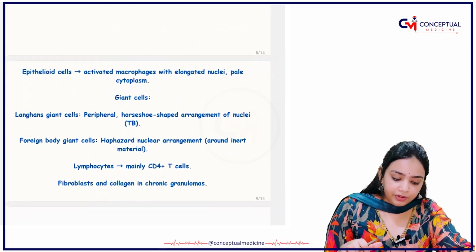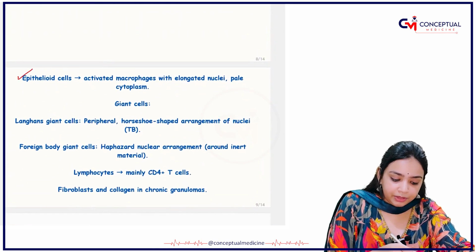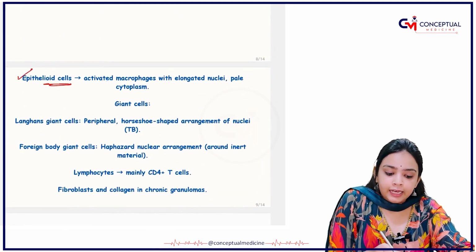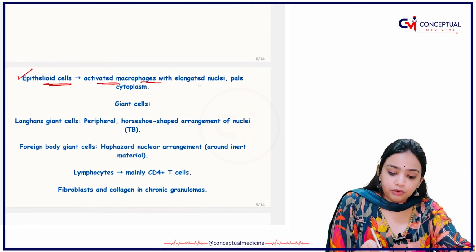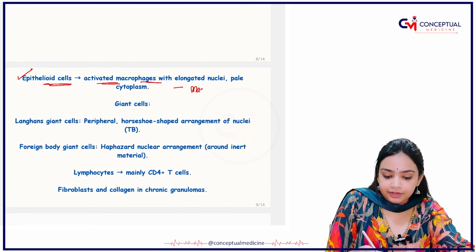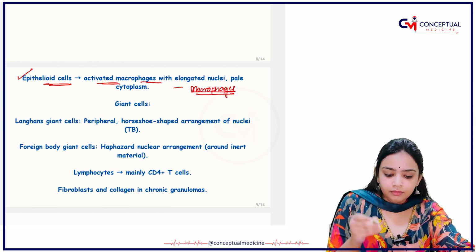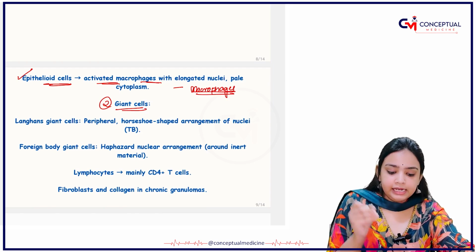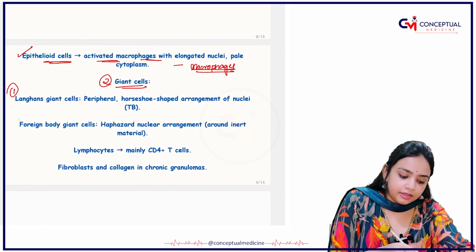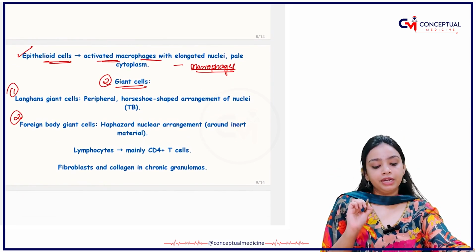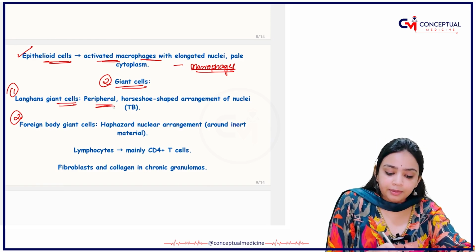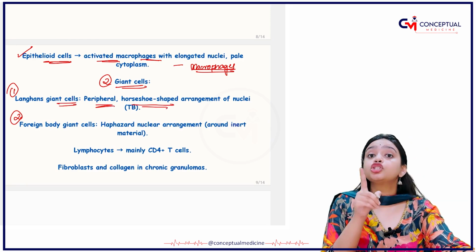If I talk about the morphology, you have something called the epithelioid cells. They are activated macrophages. Next, you have the giant cells. In giant cells, you have the Langerhans giant cells and the foreign body giant cells. Langerhans giant cells have peripheral nuclei and are horseshoe shaped.